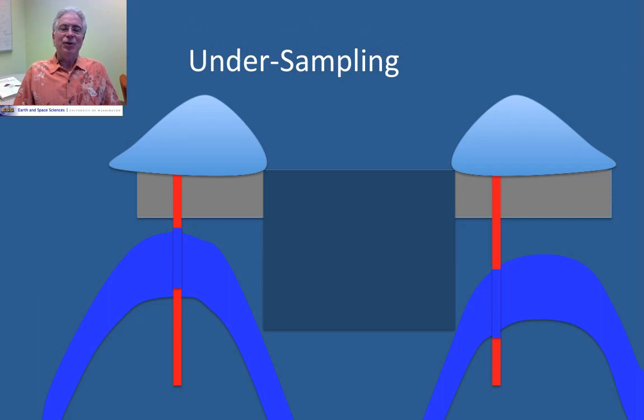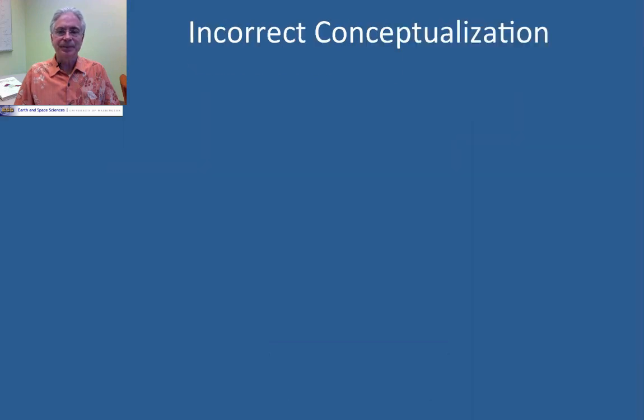The ore body was distorted into tight folds, and in fact the two drill holes managed to capture the apex, the top of these synclinal structures. And so when they excavated the pit in between, they failed to intersect the ore body at all. So this was definitely a problem of undersampling, and as a result of the undersampling, they had an incorrect conceptualization of what the ore body shape was.